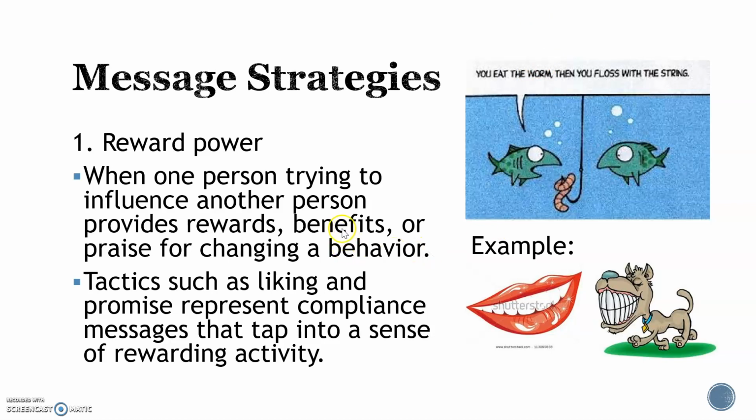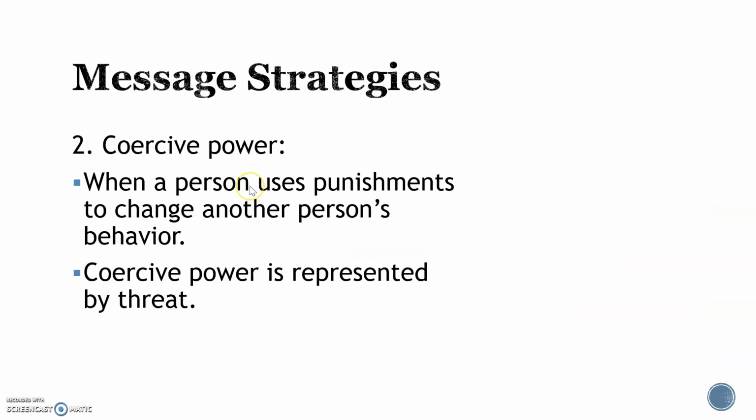And on the opposite, we also have coercive power. That is, we are presenting you some potential threats or punishment if you don't listen, if you don't adopt these suggested behaviors. So in other words, coercive power is actually a threat. I'm threatening you that if you don't obey, you will be punished.